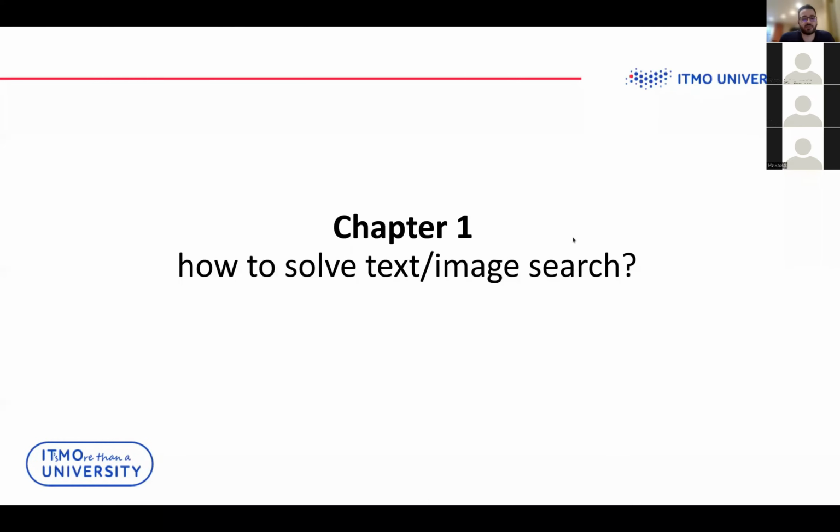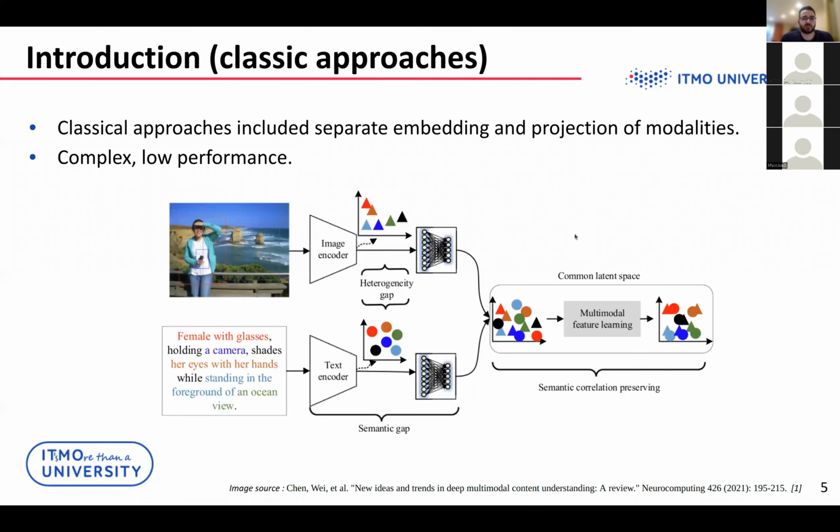First, let's talk about how to solve this kind of problem, both in classical and more recent literature. The classical and more straightforward approach is to use off-the-shelf models. How to do that? We have an image, we have a text, we have models that are great at understanding images, and we have models that can easily understand text.